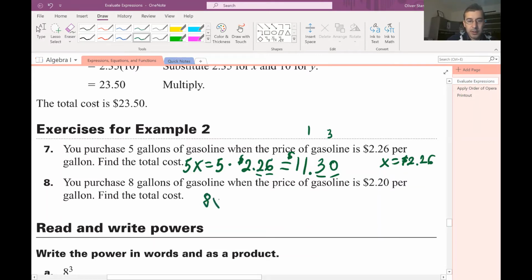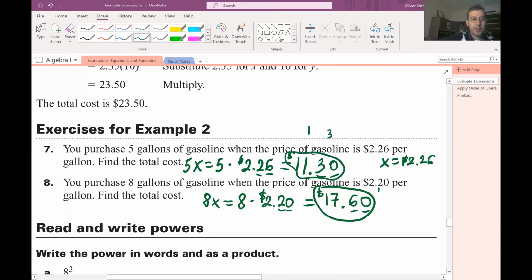So this would be 8x, where x is $2.20. 8 times 0 is 0. 8 times 2 is 16. 6 and 1, we remember 8 times 2 is 16, and the 1 17. And then 2 decimal places. So the total cost is 17.60. Okay.